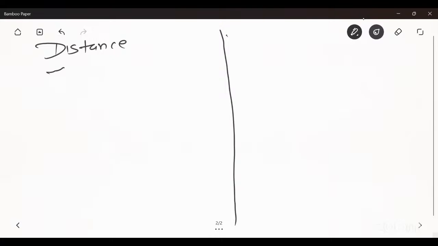Now next is distance and displacement. I can tell it by difference. One is distance and the second one is displacement.